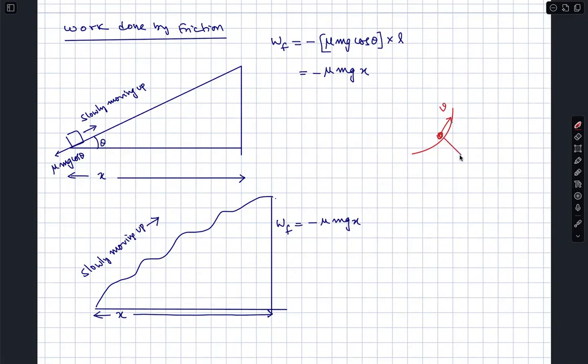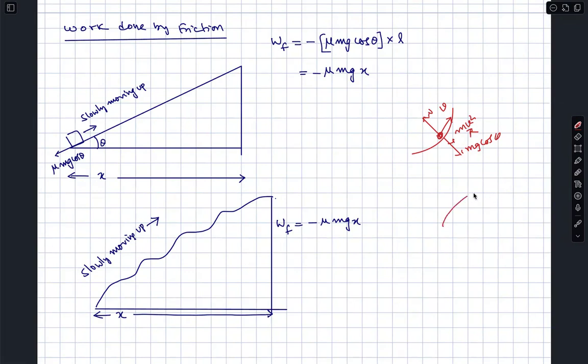In this case, this is one component mg cos theta, and this is the normal reaction, and by the way, this will have a pseudo force mv square by r. Now tell me, in this case, normal reaction is more than mg cos theta.